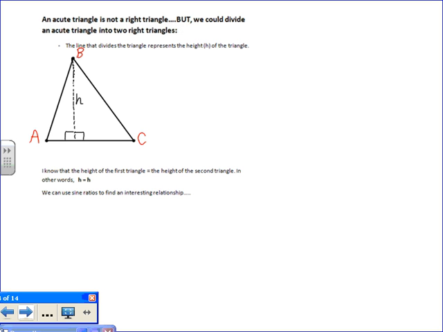All right, so now that I've divided this acute triangle into two, I have a triangle on the left and a triangle on the right. If I go ahead and label that triangle, I could label the side lengths here.